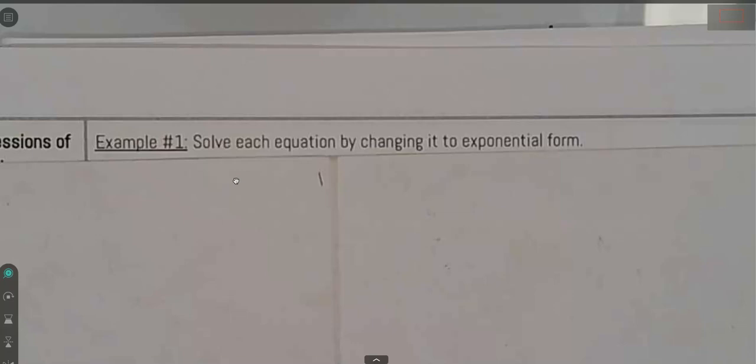That's the first one. Can you solve the second one?